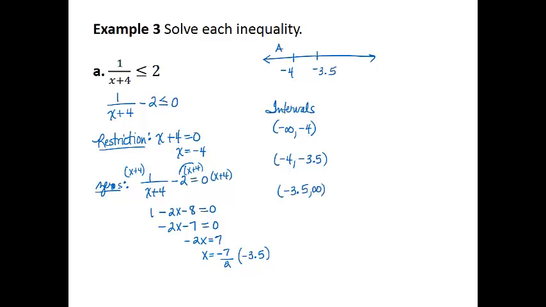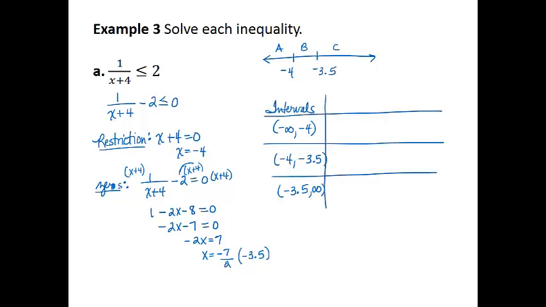And again, we can label those as A, B, and C. So our test point to the left of negative 4, we might use negative 5. Between negative 4 and negative 3.5, maybe negative 3.7. And then 0 is to the right of negative 3.5, so we'll definitely use that.